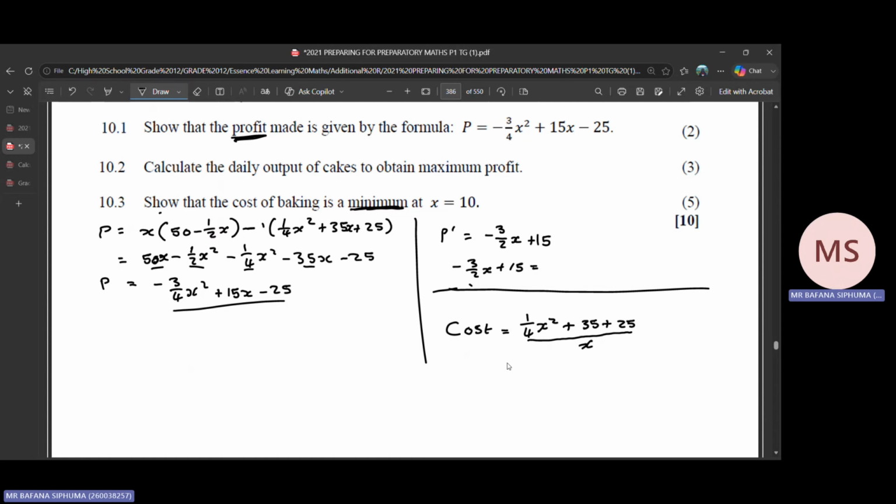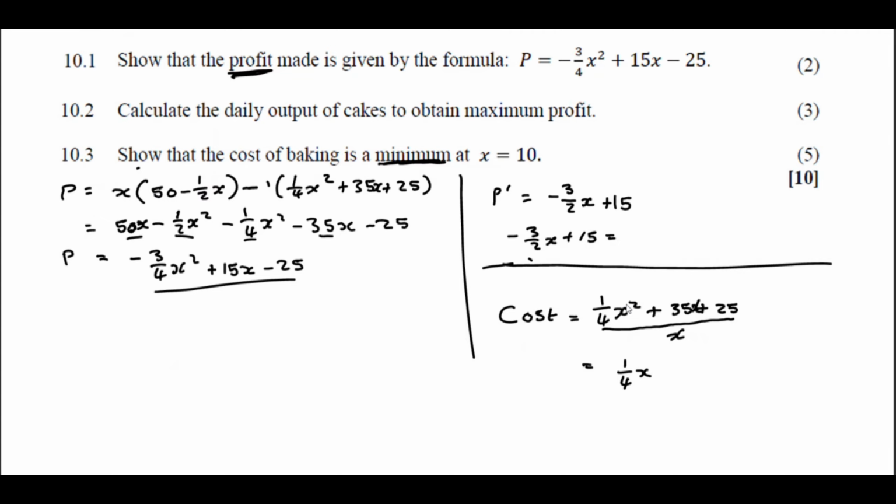So when I work this out, I'm going to have 1 over 4 x squared divided by x. I'm going to break everything down into the individual terms.